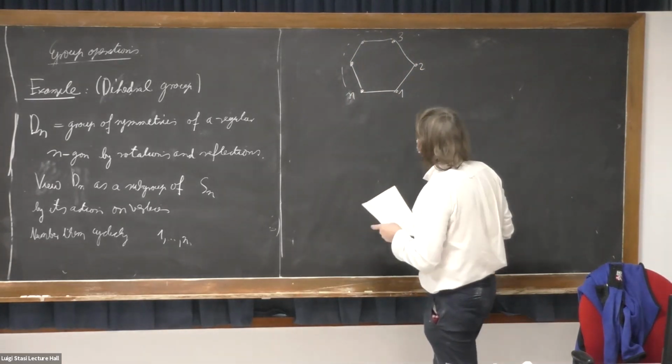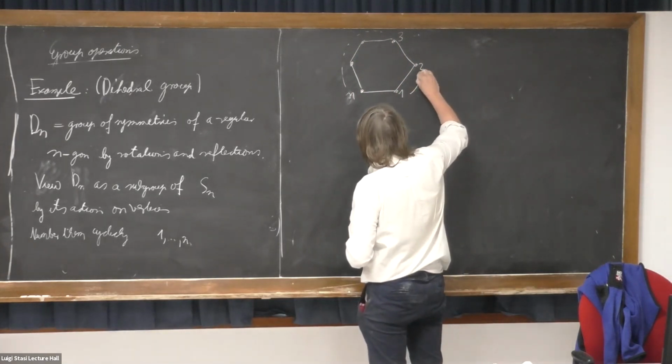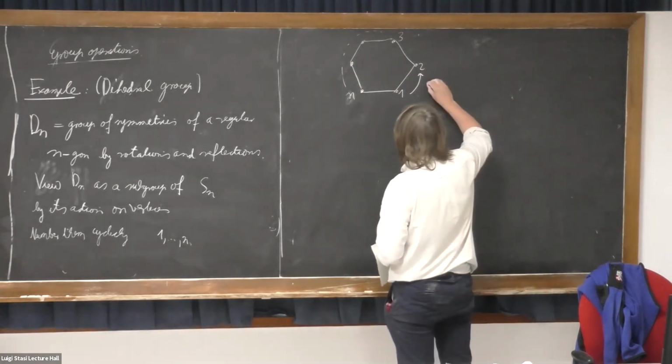Now there are two things one can do. We can either rotate, so we have one element, the rotation by 2 pi over n, sigma.